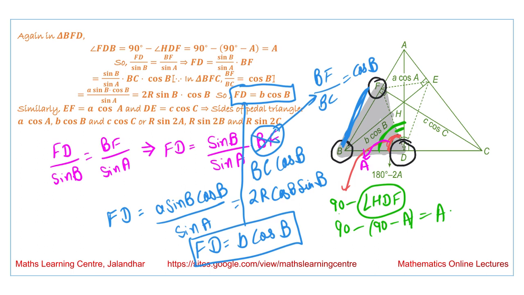Similarly, we can calculate the other two sides, EF and DE. So these are the three sides of the pedal triangle.